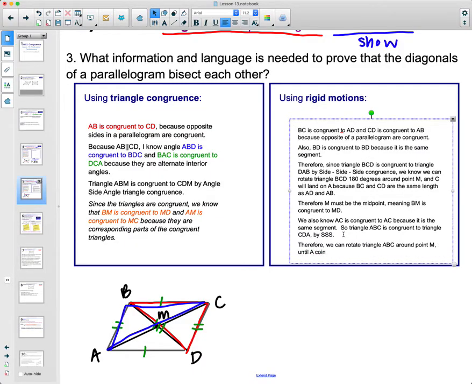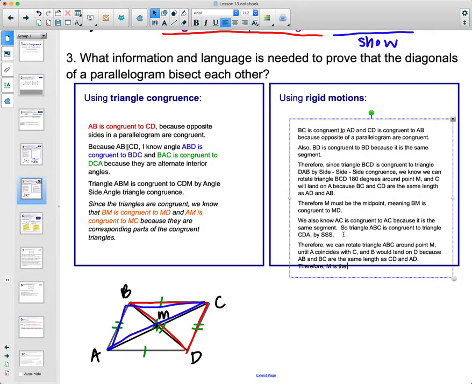Until A coincides with C, and B would land or coincide with D, because AB and BC are the same length as CD and AD.